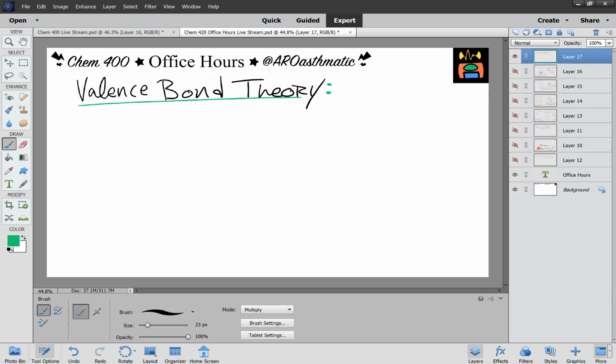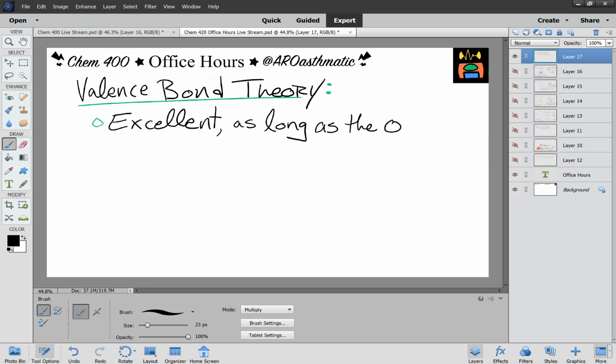Valence bond theory works great, is excellent, as long as the octet rule is not being broken.